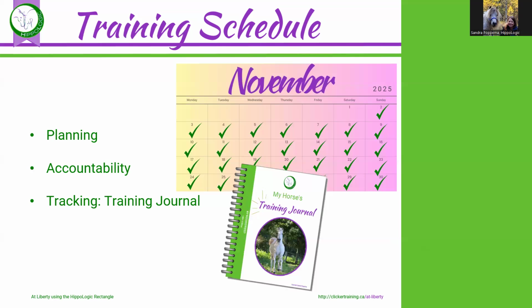Because in the training journal, I ask you to write down all the things that went well. So you get a really good idea of what you're already very good at, and then one learning point. What do you want to focus on? And the better you track your training, the better you can recognize patterns.